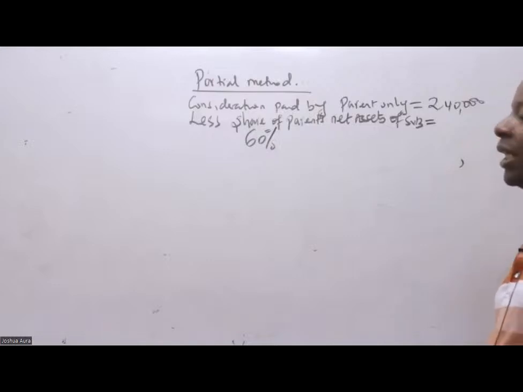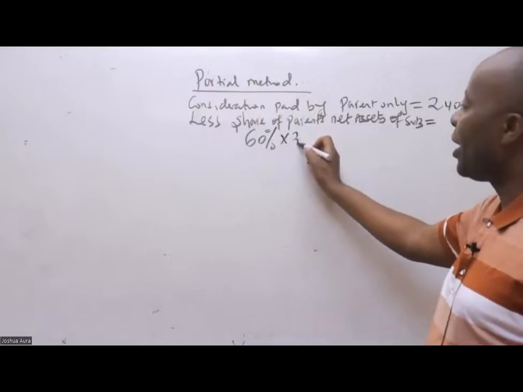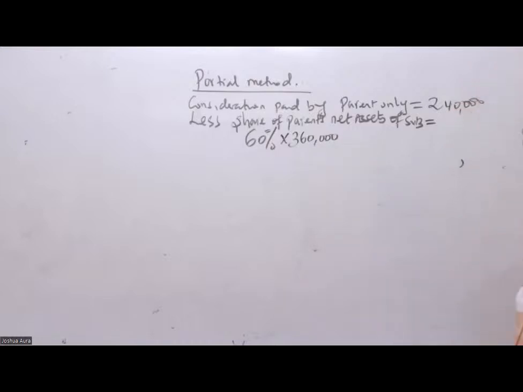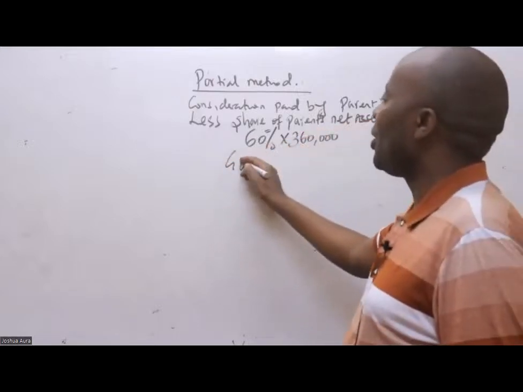So 60% of 360,000, the total net assets of the sub, which gives us 216,000. So you subtract, and in this case you'll be able to get the goodwill using the partial method.